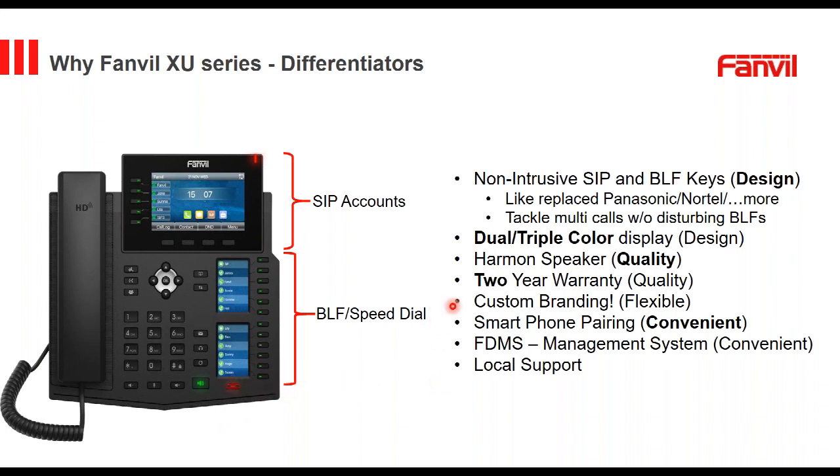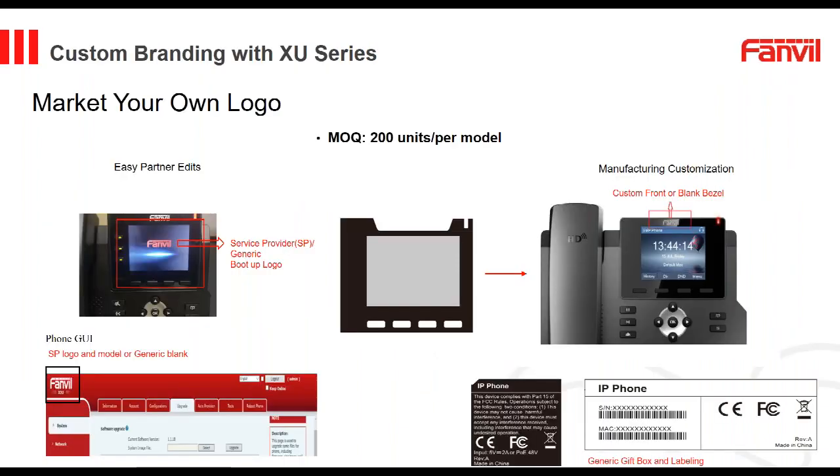So in addition to that, another differentiating factor is being able to offer custom branding as well. What I mean by custom branding is that for some of the providers that are capable of procuring in some decent volume, say a minimum of 200 units per model, then we offer a neutral version of these XU series, which provides you the ability of having this cutout, and then you can go ahead and provide your logo to the end customer.